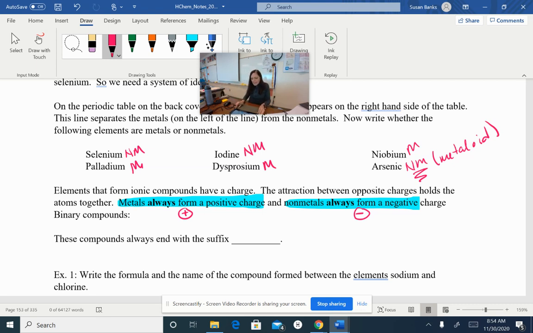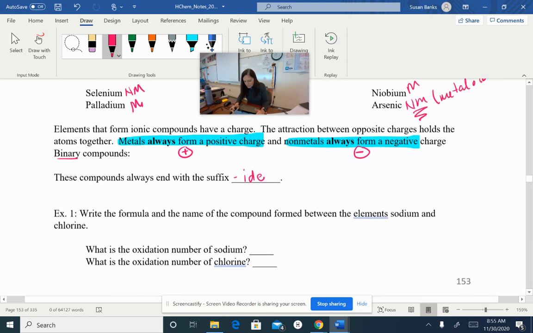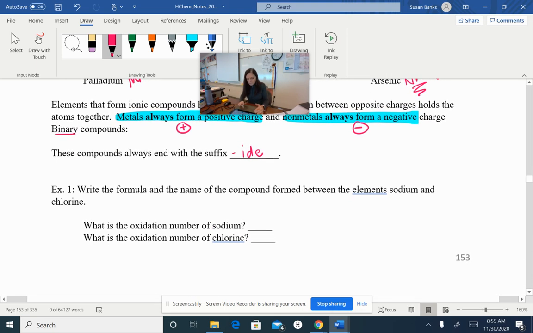Okay, binary compounds. Now, bi means two, ary means things. So binary compounds are two elements. Okay, these always end with the suffix "ide," I-D-E. Okay, so let's think about how we're going to name this.